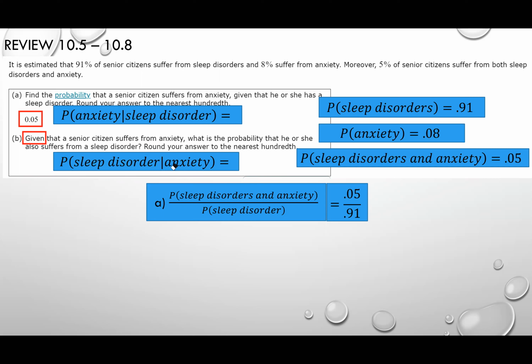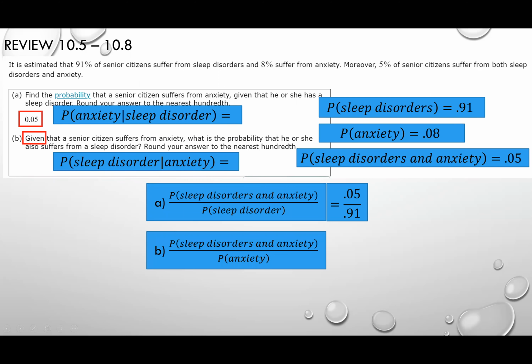The connection between the two is anything after the word given is your new denominator. My new denominator here is 0.08, and the combination, the and, is the numerator. If you take 0.05 divided by 0.08, you should have 0.63.